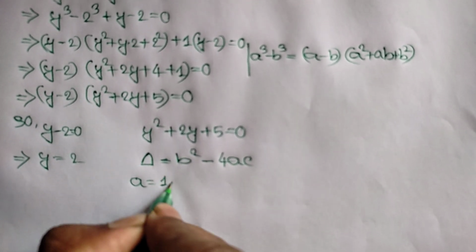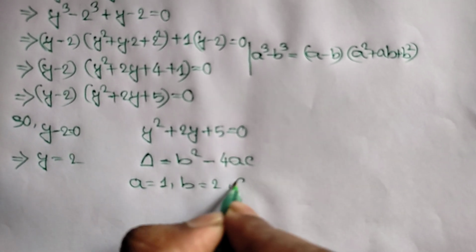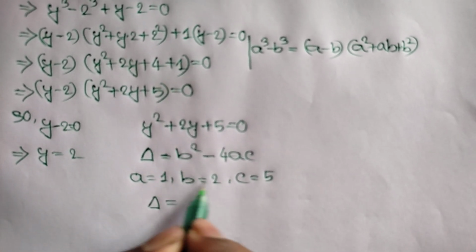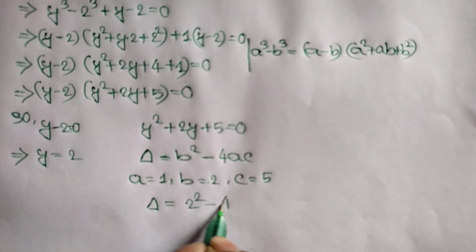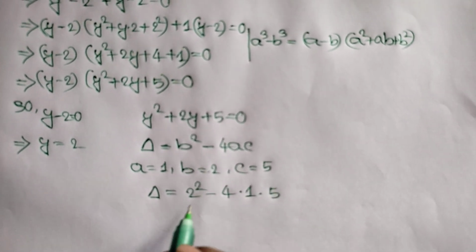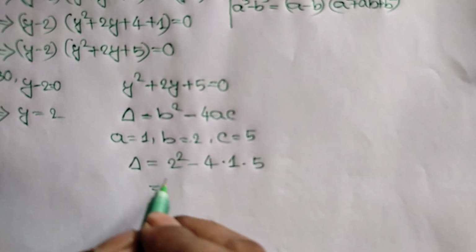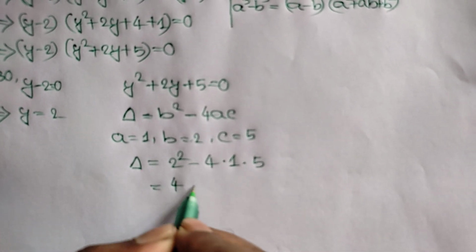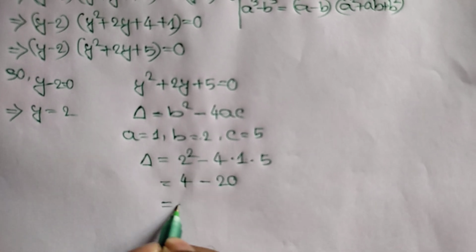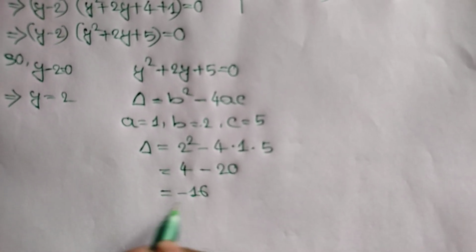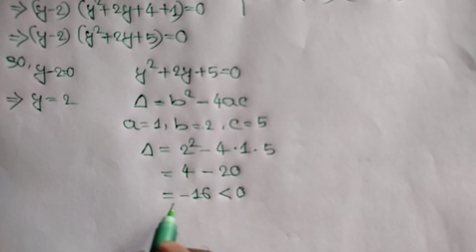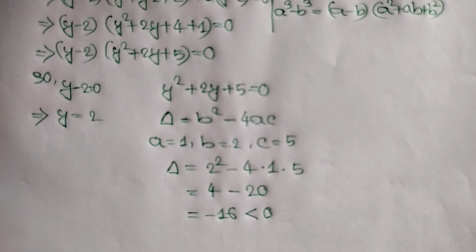So delta is equal to b square, that means 2 square, minus 4 times a, that means 1, times c, that means 5, is equal to 2 square is 4, minus 4 times 1 times 5 is 20. So negative 16. Negative 16 is less than 0, so there is no real solution.